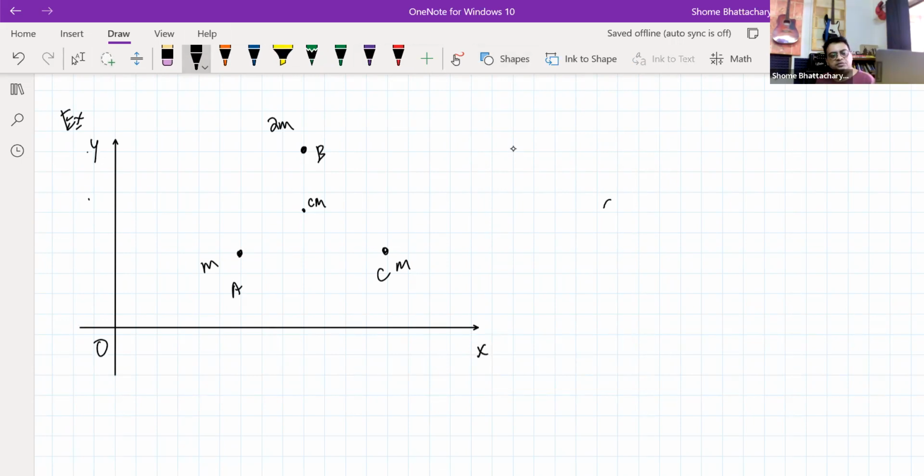It can happen that after some time, A and B have moved like this, and C has moved something like this, but the center of mass has remained here.